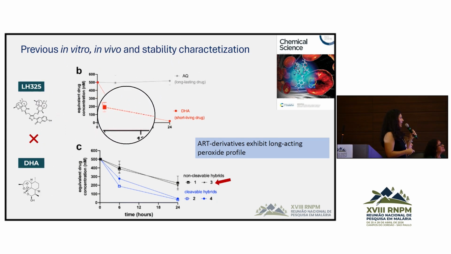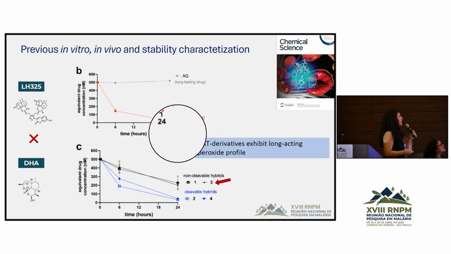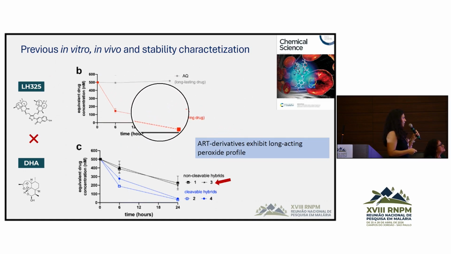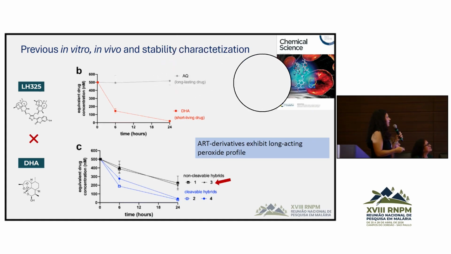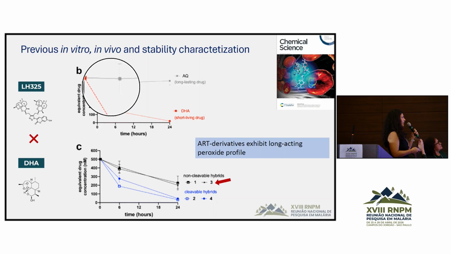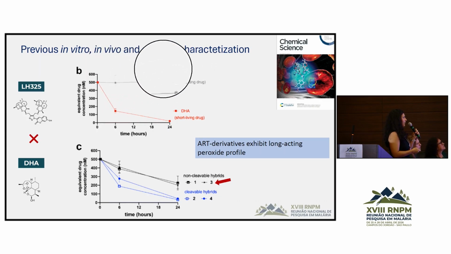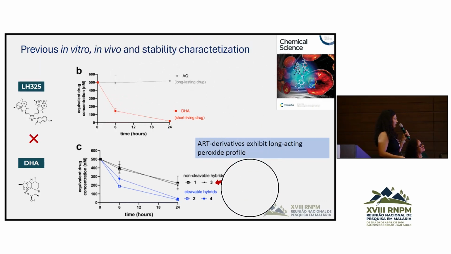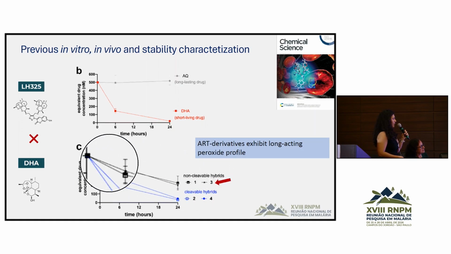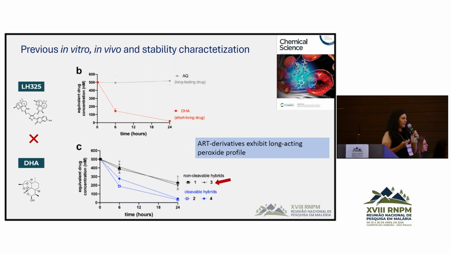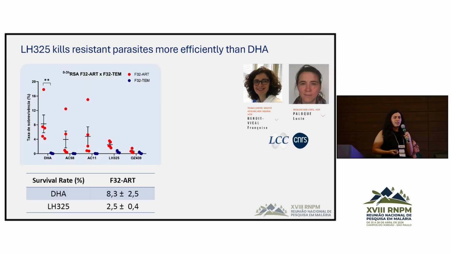To be easier to explain, we have DHA, which is the base compound. In 24 hours, we have the degradation. And atovaquone, which we know is a long-duration pharmaceutical, continues at 24 hours with the equivalent of 500 nanomolar. Compound 3 is exactly in the middle, so it still has a decrease in its stability because it derives from artemisinin, but it has this profile of being a peroxide with a slower duration.